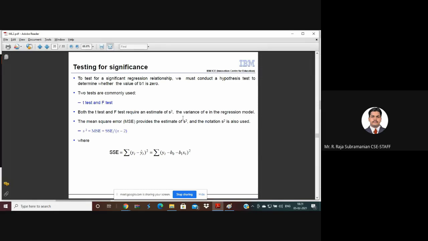In the y is equal to mx plus c equation, the values for m and c are obtained from some of the points only. Not all of the points contribute directly, because those points having the maximum commonality will be reflected in that equation. Other points we won't take, and those we call errors.